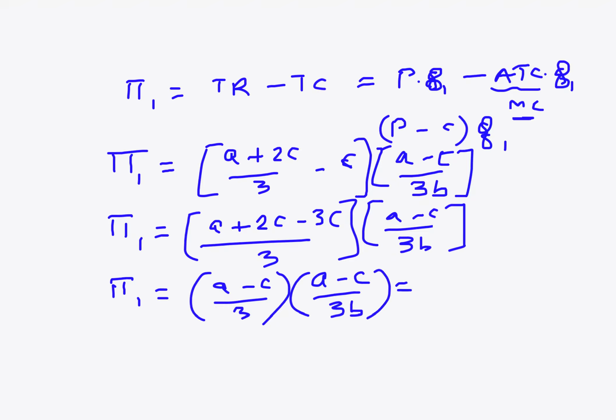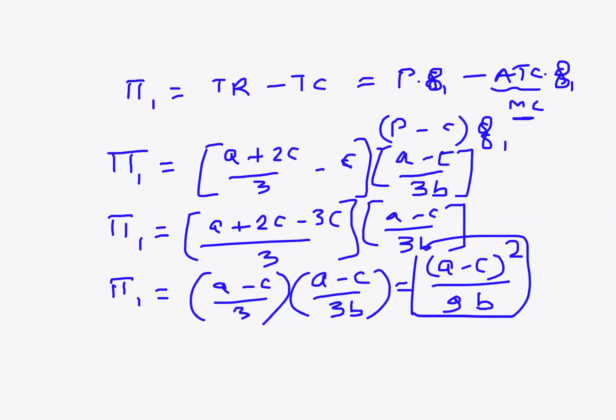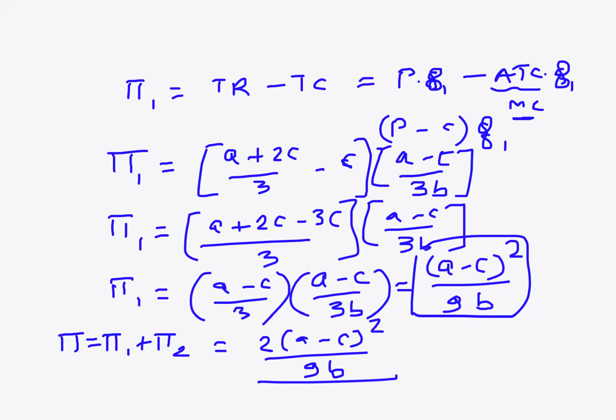So this is basically equal to (A − C) squared over 9B. So this is the profit of firm 1. And similarly, firm 2's profit is going to be identical by symmetry. So the two firms' profits added together give the industry profit: 2 times (A − C) squared over 9B is the industry profit here.